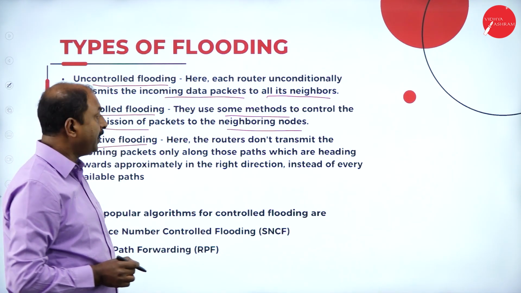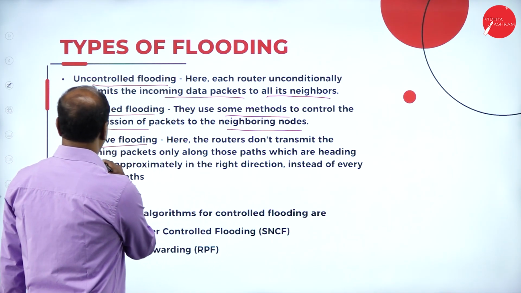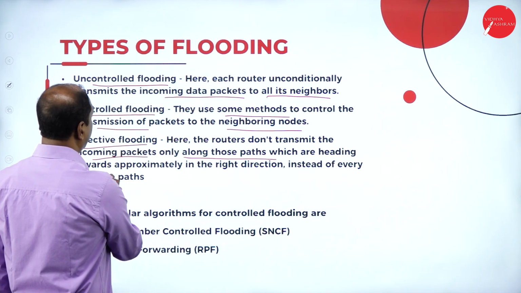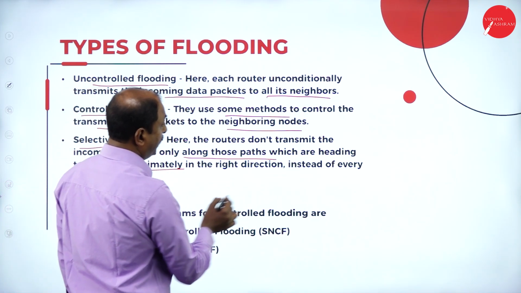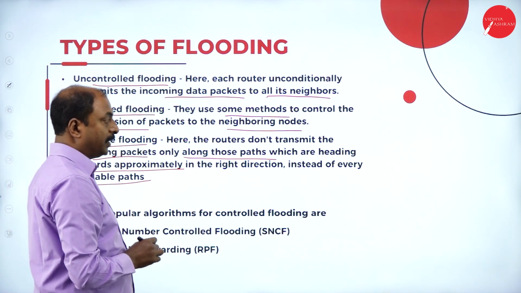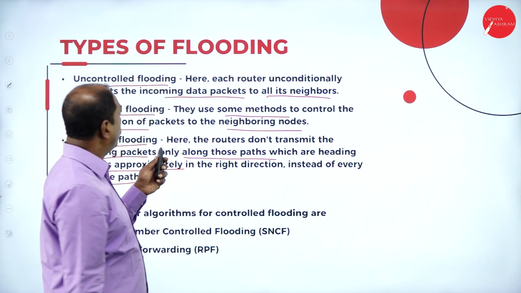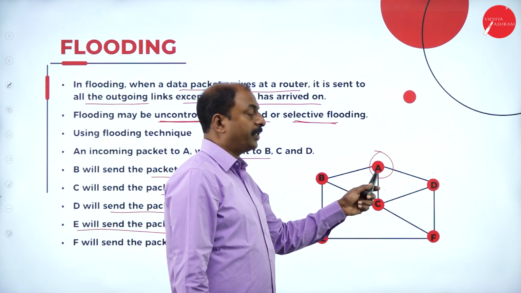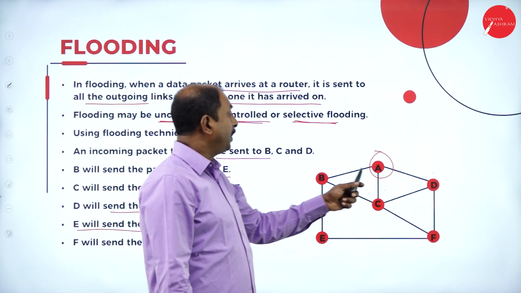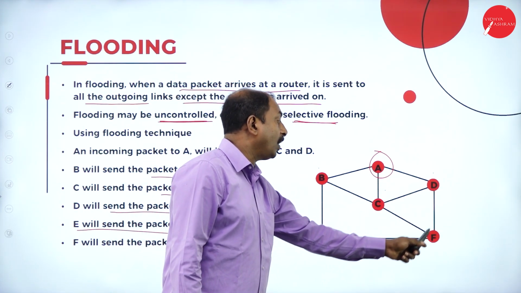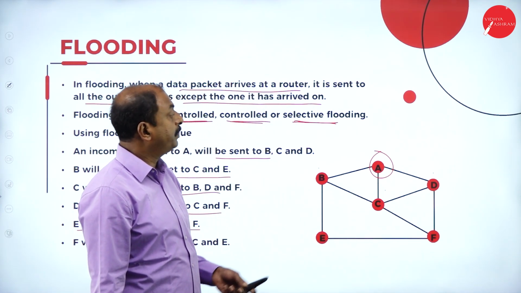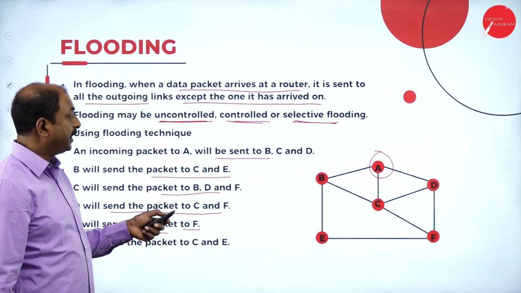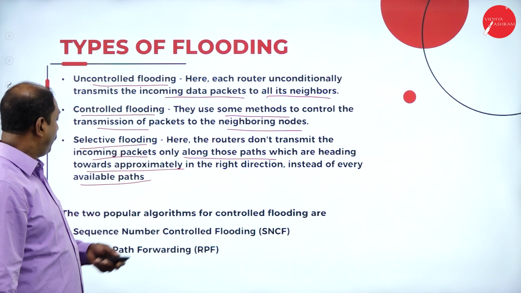In selective flooding, the routers transmit the incoming packets only along those paths which are heading approximately in the right direction, instead of every available path. The data packet received at a device will not be transmitted to all the nodes in the network, only to a limited number of nodes heading forward.